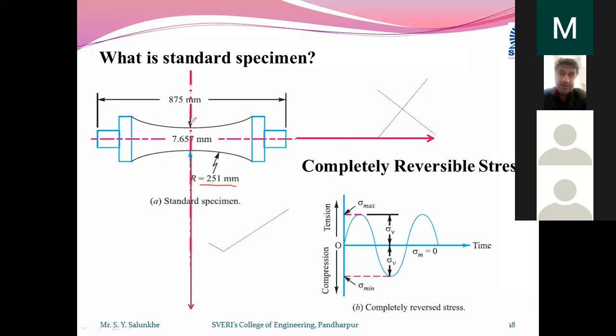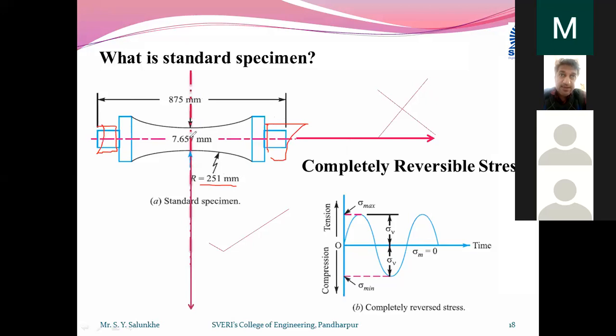Now you can see that the specimen has particular dimensions. The length of this specimen has to be taken as 875 millimeter, including the supports. Here the support is provided.